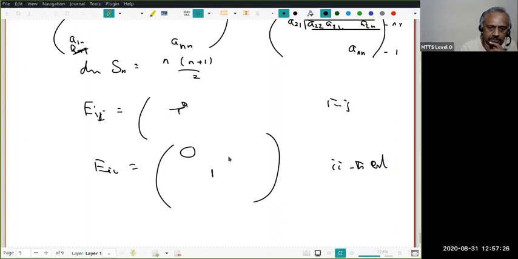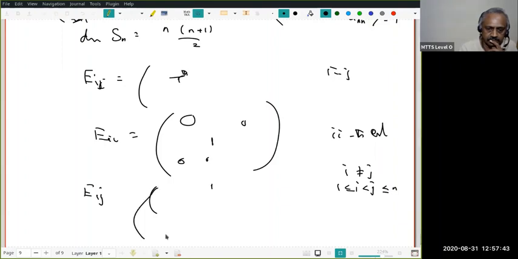The rest are all 0. And Eij for i not equal to j, assume 1 less than or equal to i less than j less than or equal to n, that is going to be 1 at the ijth entry and 1 at the jith entry.